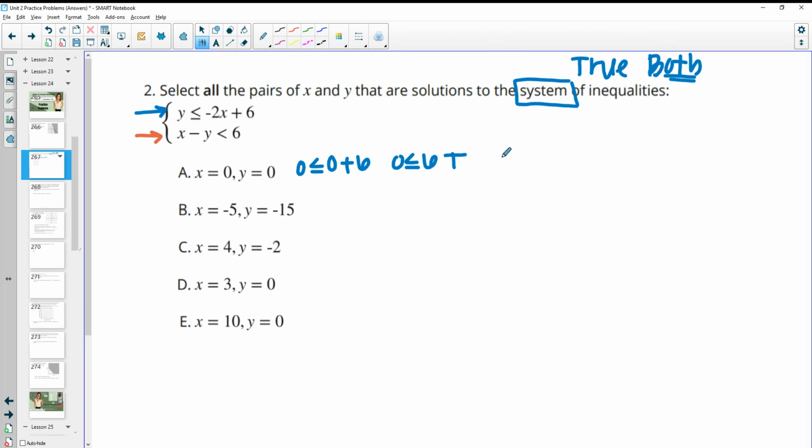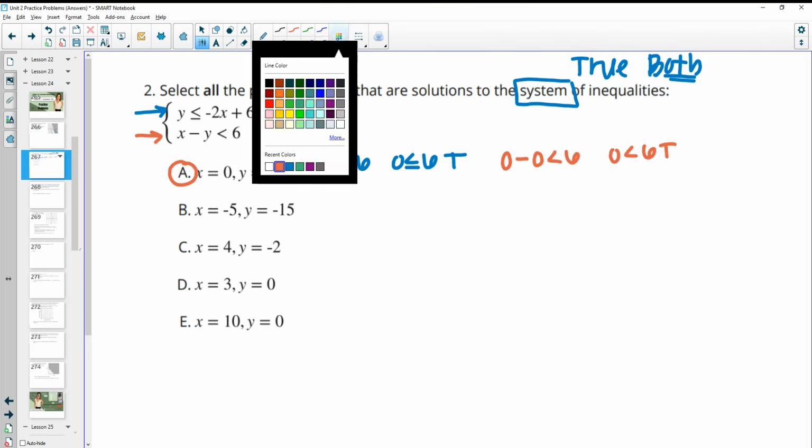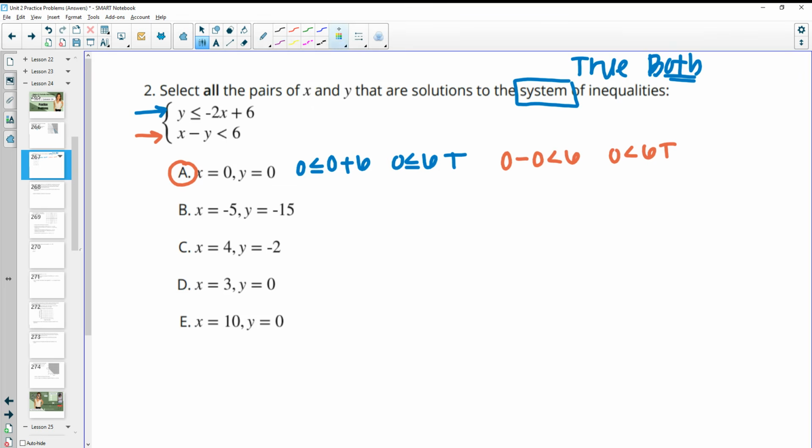So we'll plug 0, 0 again. So 0 for x minus 0 for y, is that less than 6? So is 0 less than 6? That's true. So that means that A is a solution to both, and that means it's a solution to the system. So we'll go ahead and go to the next one.